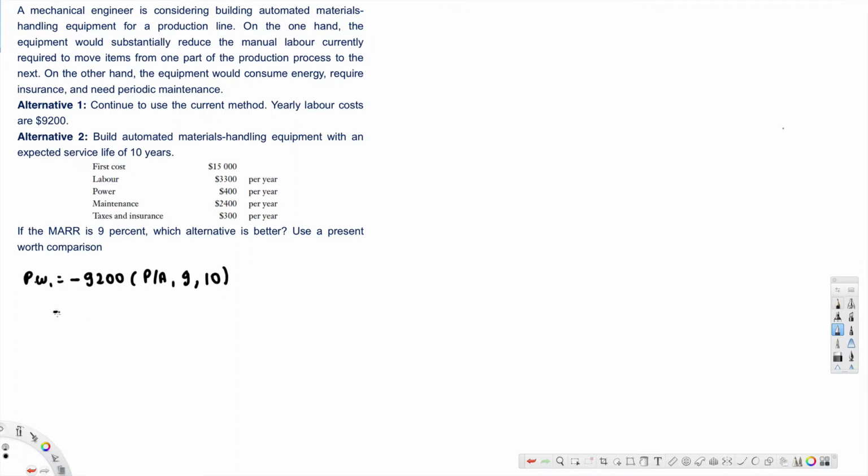And if you calculate, you will get negative 9,200 times 6.4176, and that will give us negative 59,041.92, and that is PW1.